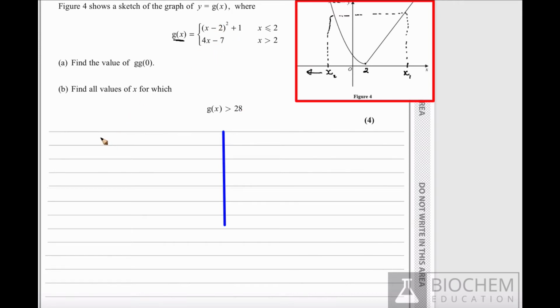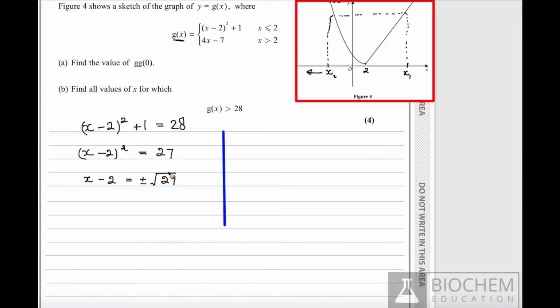Starting with this equation, (x minus 2) squared plus 1 equals 28, and solving for this will give us x2. So (x minus 2) squared, bringing 1 to the right hand side, gives us 27. Square rooting both sides, we get x minus 2 equals plus or minus the square root of 27.